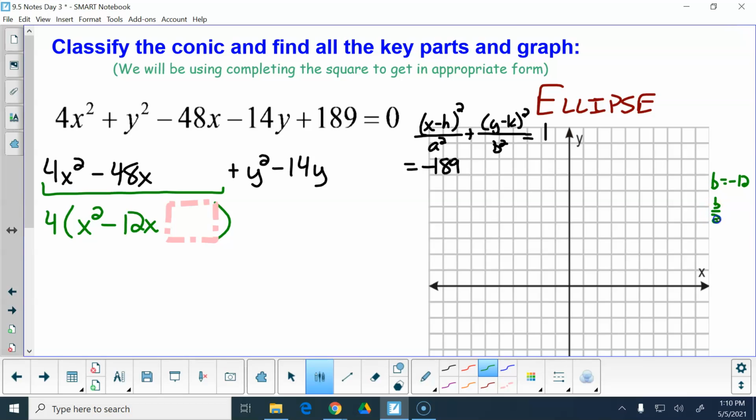I divide it by 2. That gives me negative 6. I square it. That gives me 36. So I'm going to fill this box with 36. But now I've imbalanced my equation. So on the other side, I'm going to have to add 144.